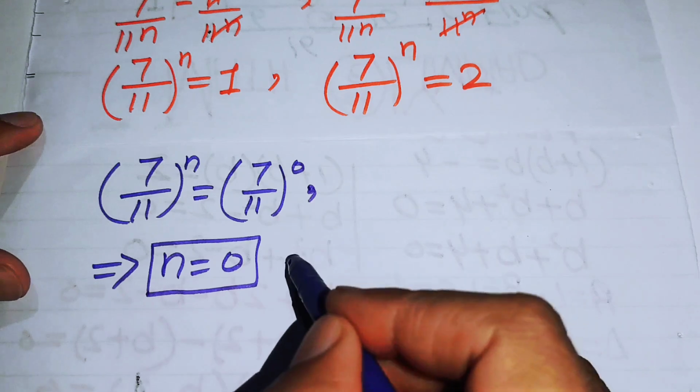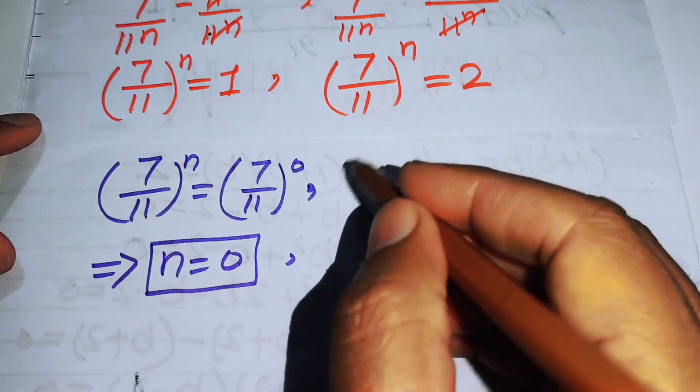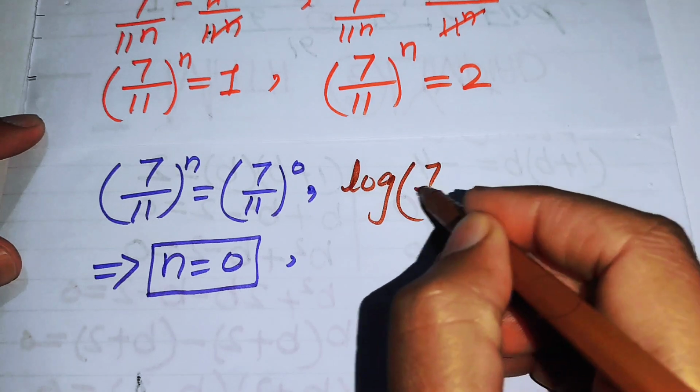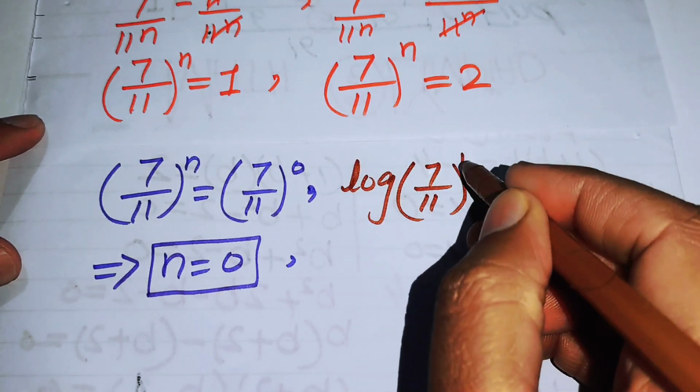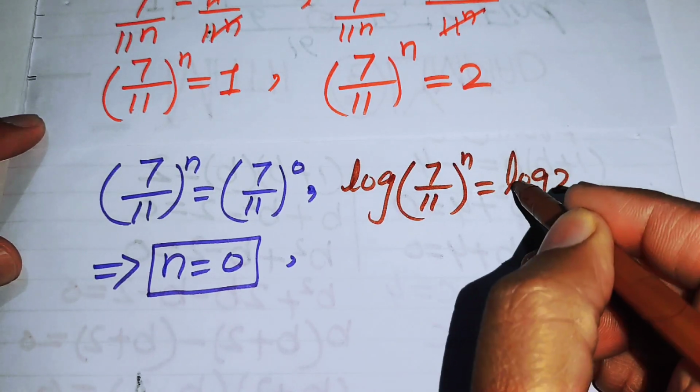So in this equation you will see here we will take the log on both of the sides, so you get log of 7 over 11 whole power n equals log of 2.